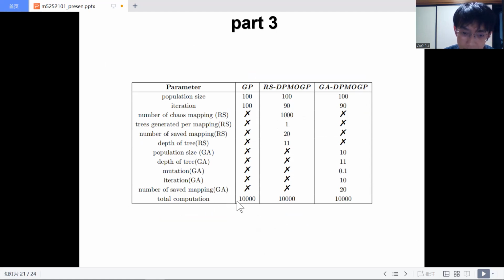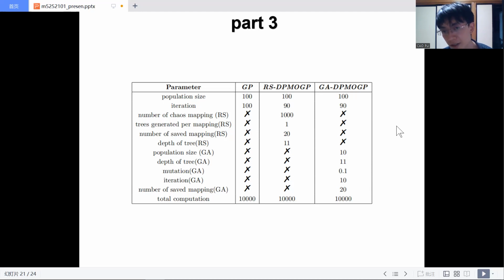You can see that it is 10,000. That means we make all of these 3 methods only have 10,000 chances to evaluate the fitness. And this RS means random based.